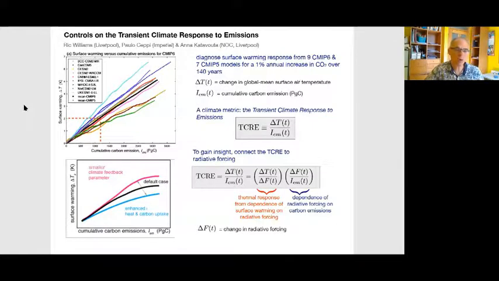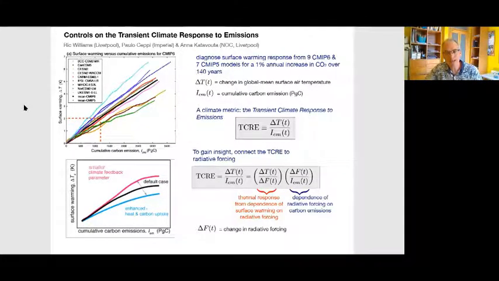And this is important. It affects our view as to how much carbon we can emit until we meet warming thresholds. What's unclear is whether those slopes are being set by the thermal or carbon responses in these very complex models.